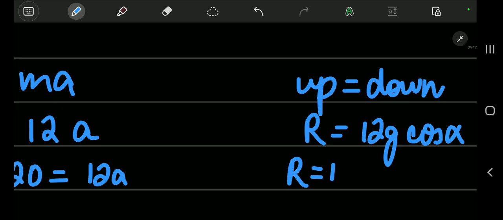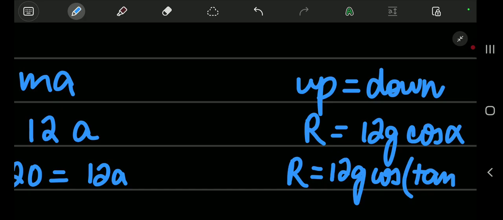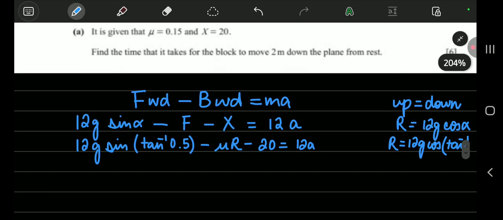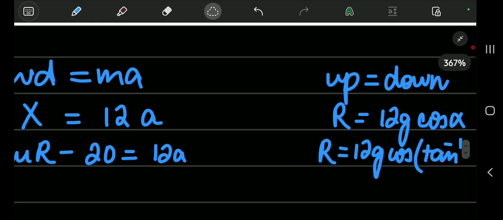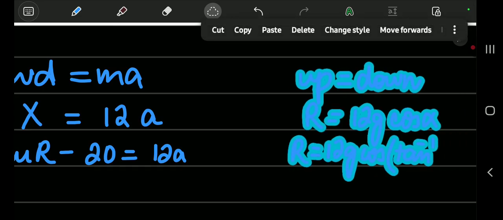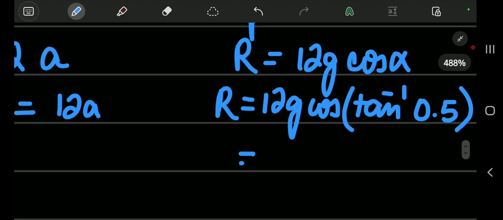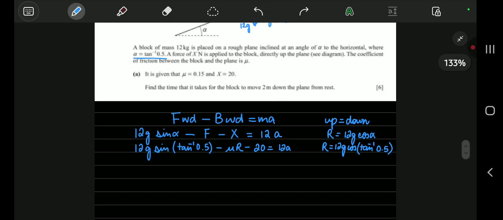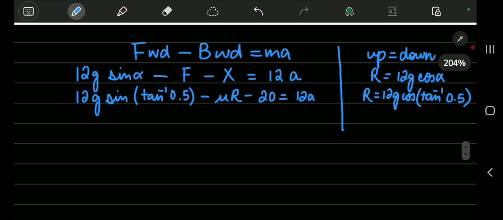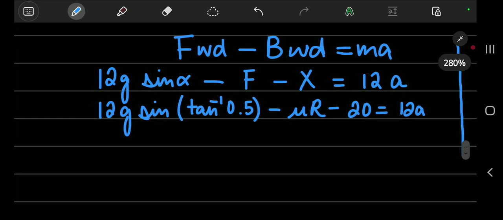So R will be equal to 12g cos of tan inverse of 0.5. This will give you R. Just substitute it this way, without solving it, and then find it directly in the formula.